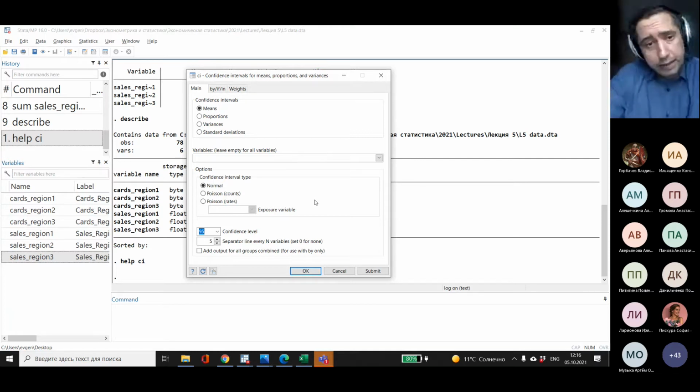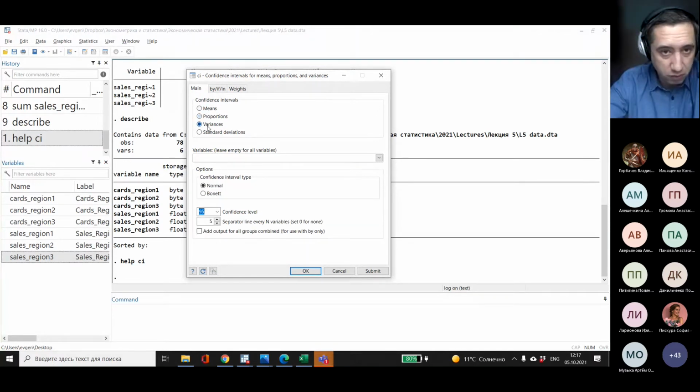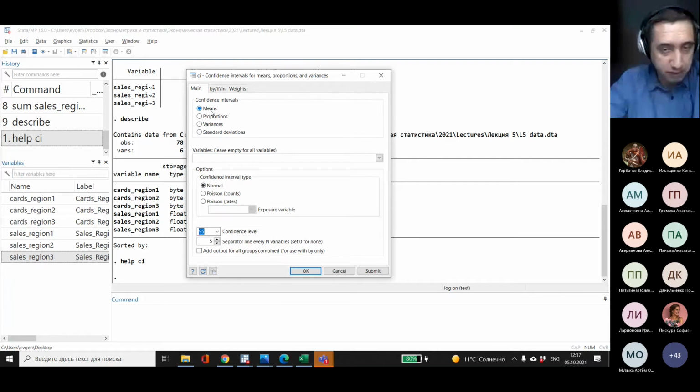First, we are communicating with data, with a program, and we have to tell the program what it has to do. First, tell Stata what it should calculate: confidence interval for the mean, for the proportion, for variance, and standard deviation. By this moment, we learned just the confidence interval for the mean. Set the first option. By default, Stata chooses this one.